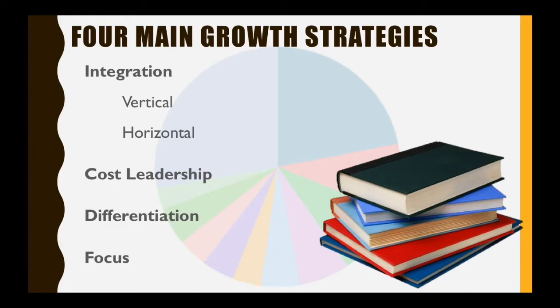Horizontal is expanding into new markets. Cost leadership is obviously a low-cost strategy, and there's differentiation and focus. Differentiation is just having a unique selling proposition, whereas focus is a focused, streamlined thought process and aim towards either cost leadership or differentiation. Next slide.